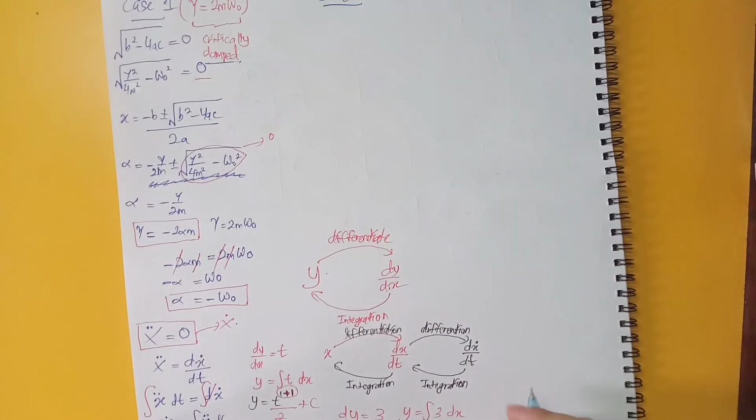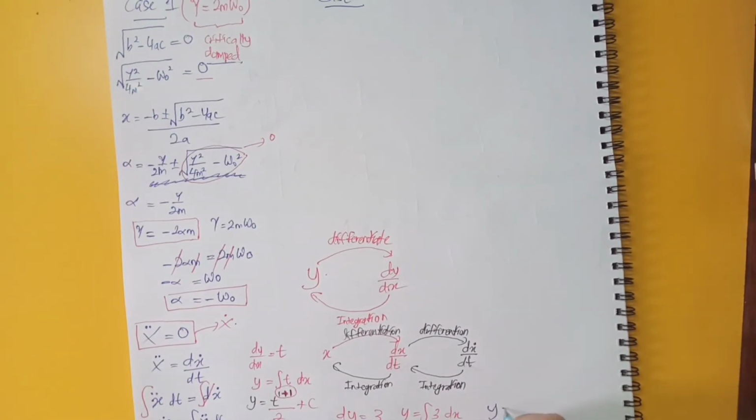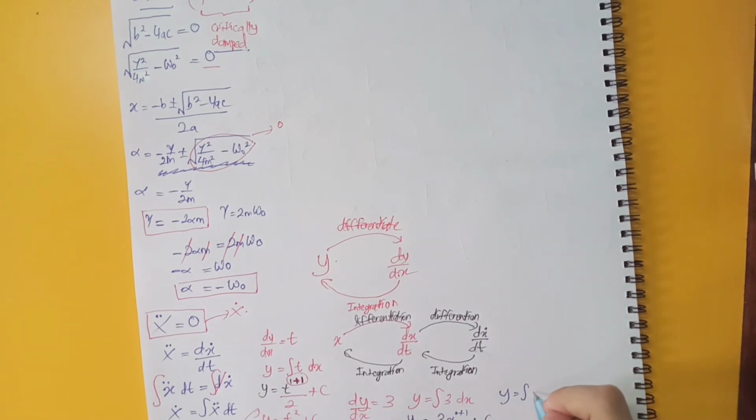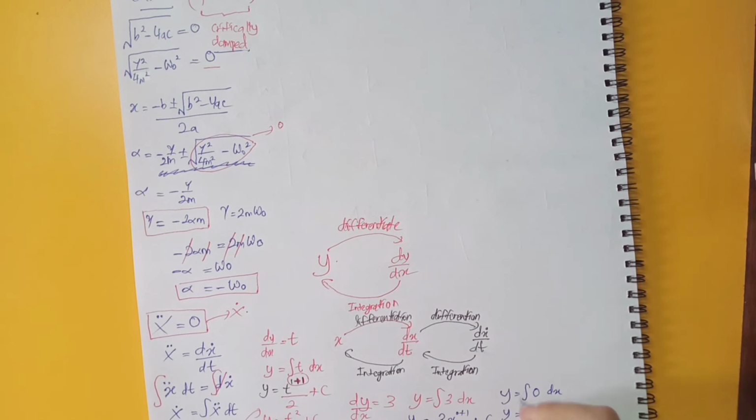So when it comes to 0, let's say that dy over dx equals 0, right? So y is equal to the integral of 0 dx. So y equals 0 times x to the power of 0 plus 1, and then plus c.